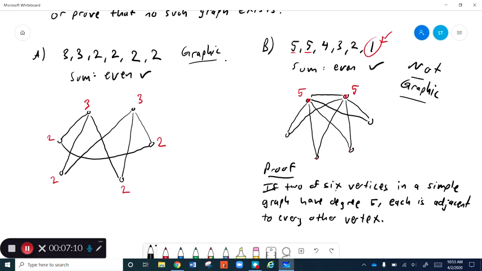So each of those vertices of degree 5 has to be adjacent to every other vertex.